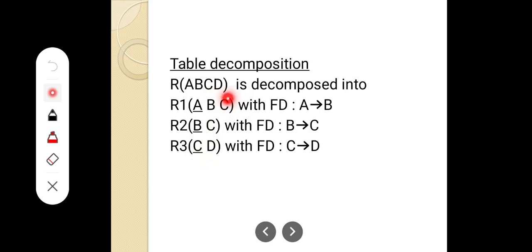C is referring to the table R3 and B is referring to the table R2. So B is a foreign key referring to the primary key of R2, that is B, and C is a foreign key referring to the primary key of R3, that is C. This is our decomposed relation. So we have made this table into 3NF. Clear?